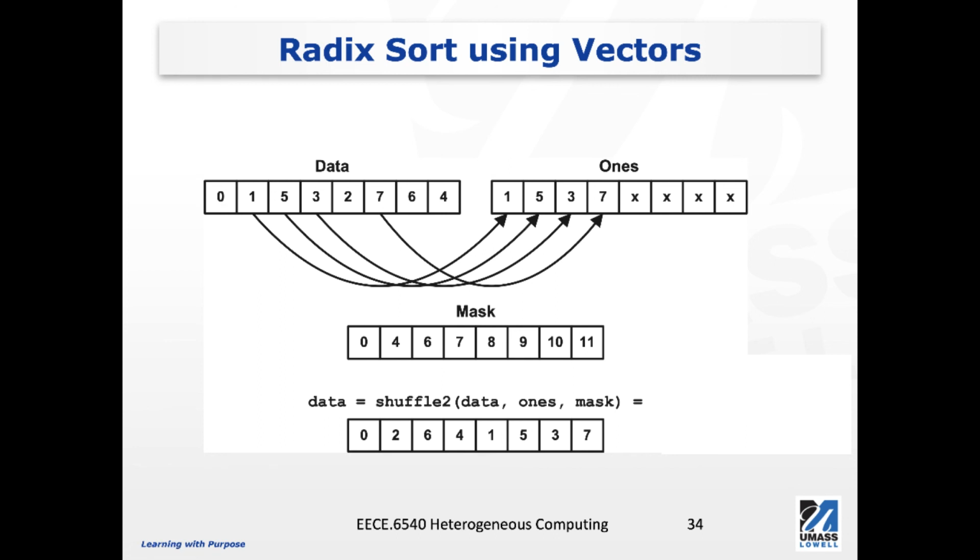With numbers that are less than 8, we can use 3 binary digits to represent these numbers. These numbers have values that go from 0 to 7, and we use 3 binary digits to represent them. So essentially we can look at these 3 binary digits one by one. Let's say we look at the least significant binary digit first.